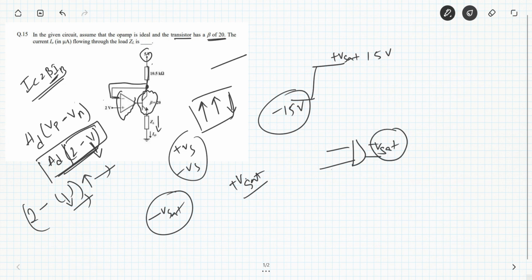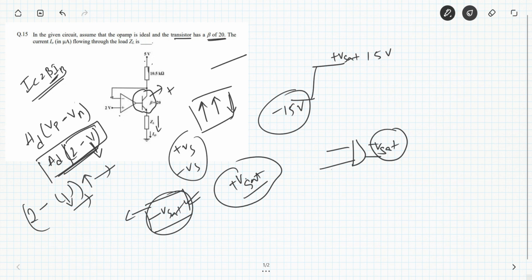So the assumption of the op amp being in minus Vsat is valid. There is no contradicting statement arising from the analysis, so we can happily assume that the op amp is in minus Vsat rather than plus Vsat, because we don't have any way of verifying that the BJT is in the on state.